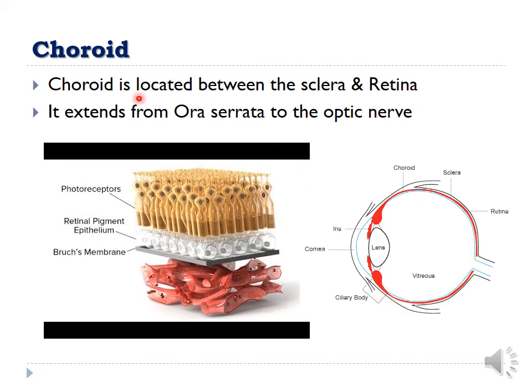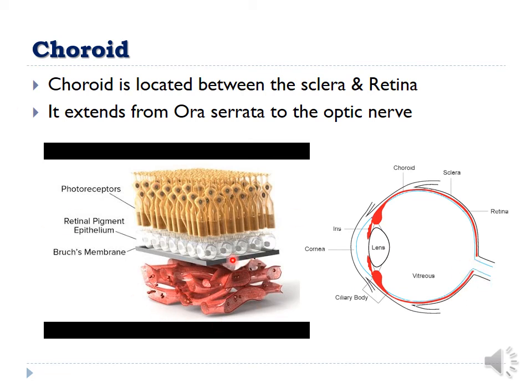It is located between the sclera and the retina, and it extends from the ora serrata to the optic nerve. The ora serrata is the point where the retina starts. So, from the ora serrata to the optic nerve.